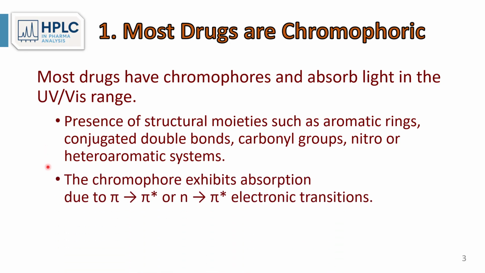The chromophores exhibit light absorption due to electronic transitions such as the pi to pi-star orbitals or the non-bonding orbital to pi-star orbitals.